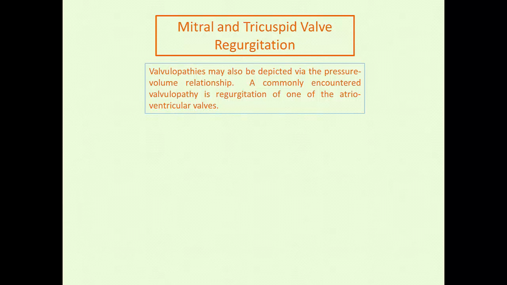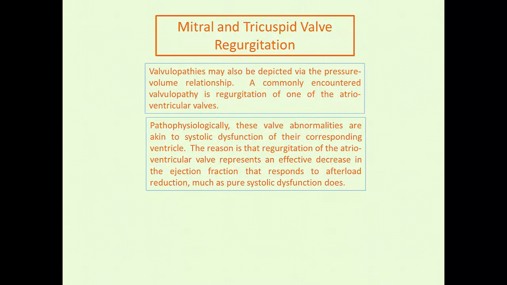And I'm going to talk a little bit about regurgitation of the mitral valve, or the atrio-ventricular valves. And pathophysiologically, as I mentioned, it's similar to systolic dysfunction, and the reason why is because when you have regurgitation of an atrio-ventricular valve, it represents an effective decrease in the ejection fraction, and it responds quite nicely to afterload reduction.